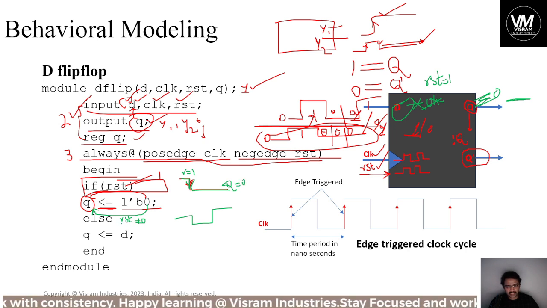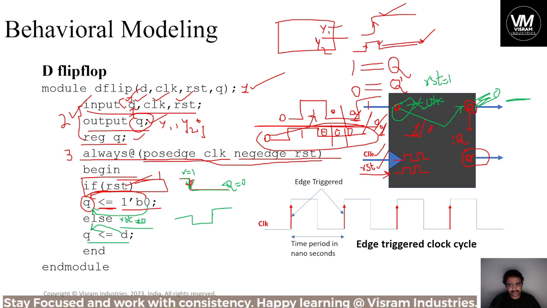And else, reset is not equal to 0, Q is given with the data of D. What is the value of Q again? D. Whatever the value at D, that will be followed through the Q. Hence, else condition works like this. So whenever D flip-flop wants to have some data gone through the output Q, then reset should not be equal to 1.